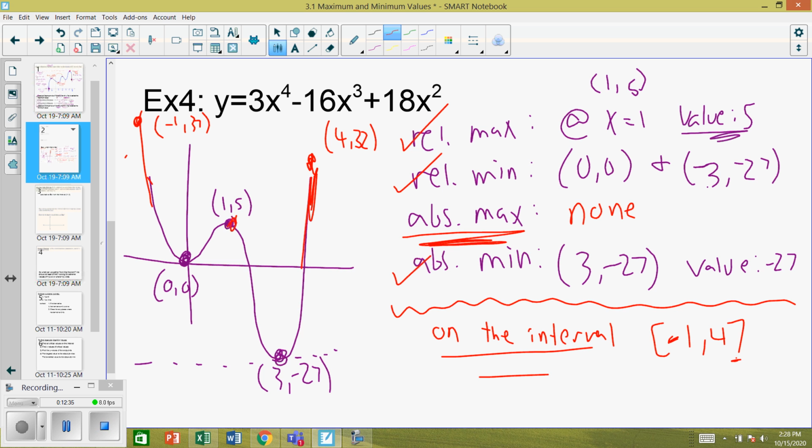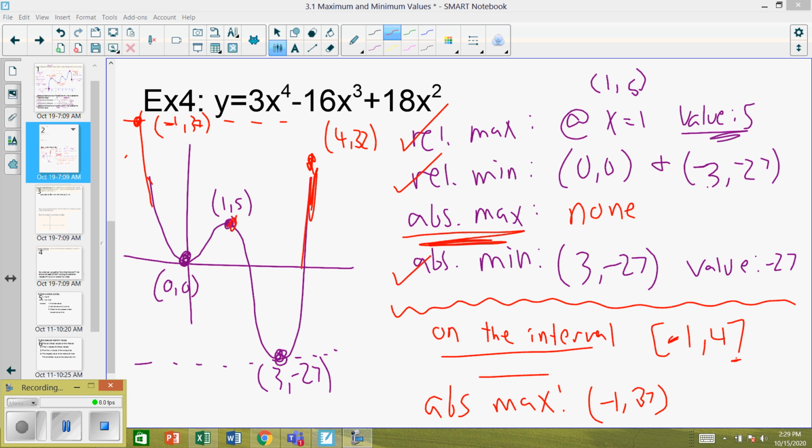The absolute min is unchanged, but now we do have an absolute maximum. The absolute maximum value is at the endpoint x equals 4, where the value is 432. Nothing goes above that. So constraining a graph with endpoints can give us an absolute max or an absolute min, which leads us to our next thought with our theorems.